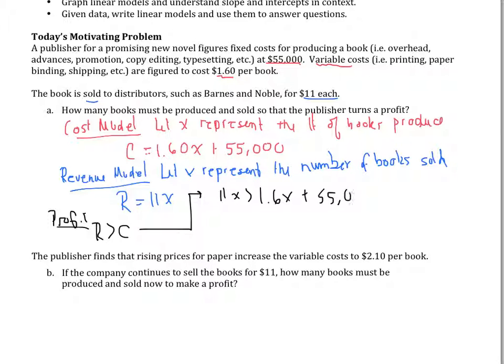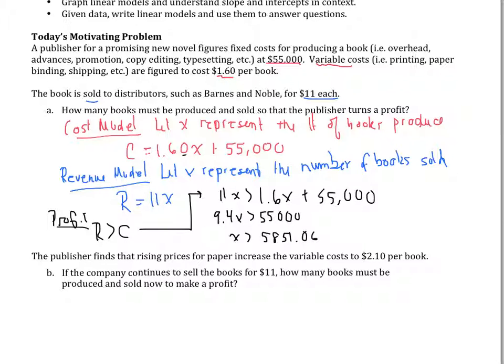By the way, notice I took off that zero. I didn't need it. You don't need it, but if you have it, it's okay. So then we subtracted, and we got 9.4x is greater than 55,000. And then you divide by 9.4.